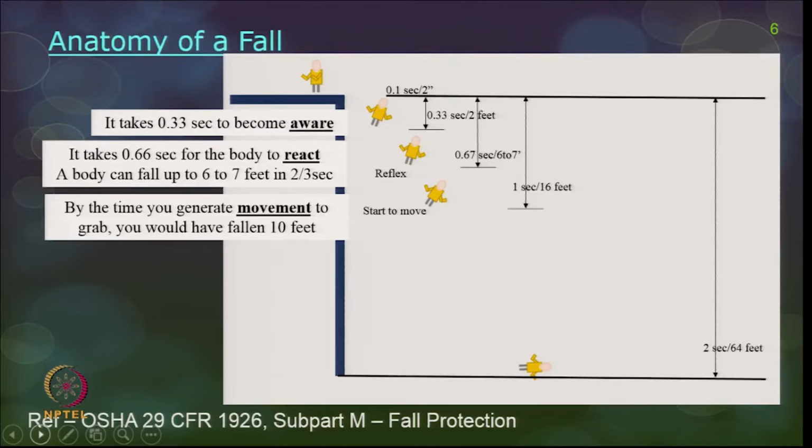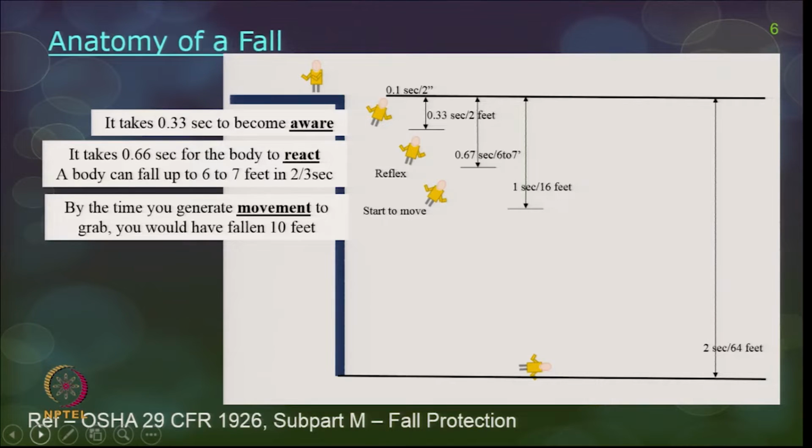So, what happens when a person is about to fall? Anatomy of a fall. You should first know why this fall is very dangerous and what happens when you try to fall. This fall is a very dangerous hazard because the minute you realize you are about to fall, you would have fallen very much in depth. It takes 0.33 seconds to become aware that you are about to fall, and in the 0.33 seconds your body would have fallen at least 2 feet.